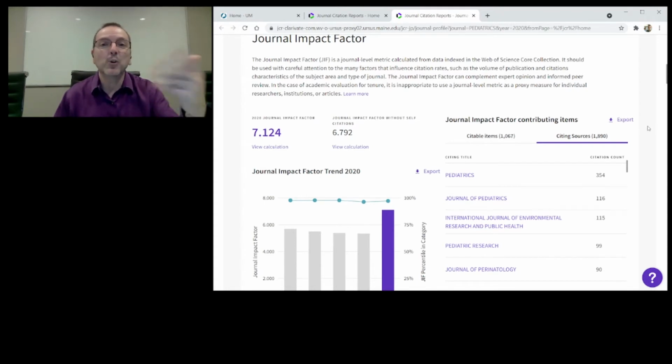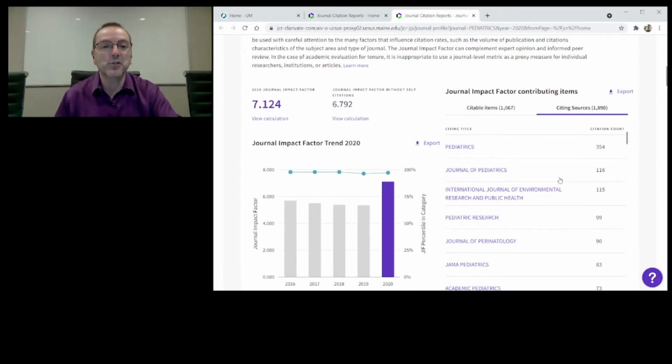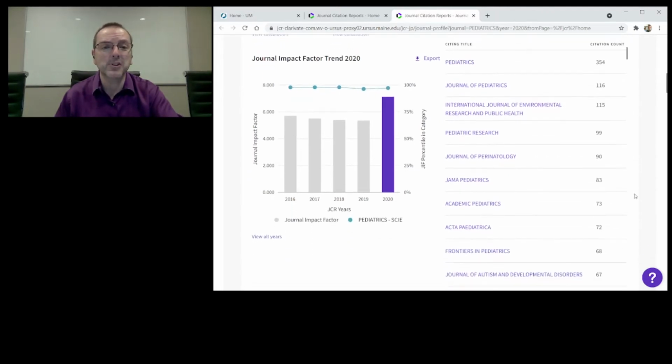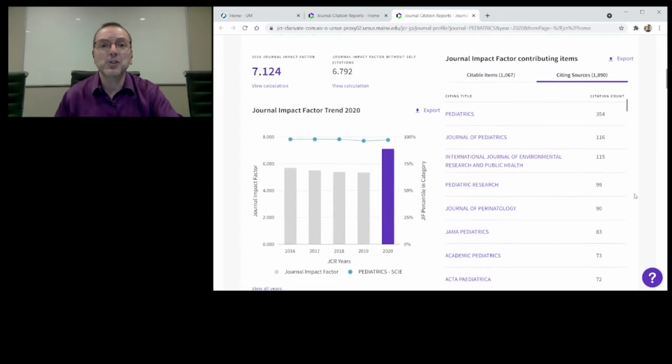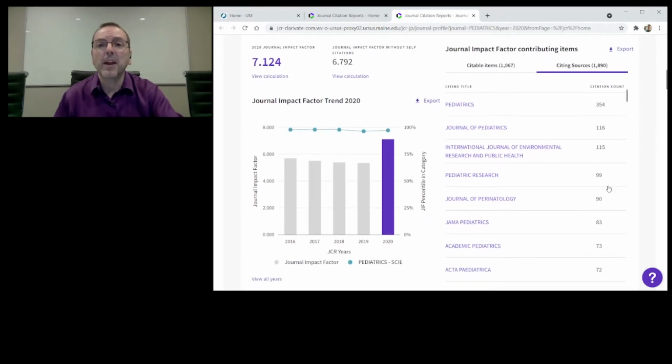So it gives you a sense of where are the journals that are publishing based on Pediatrics research. So you can see here, Journal of Pediatrics, International Journal of Environmental Research and Public Health, kind of makes sense. Pediatrics research, lots of good journals. So let's scroll down a little bit.